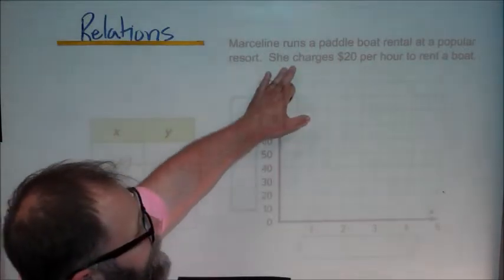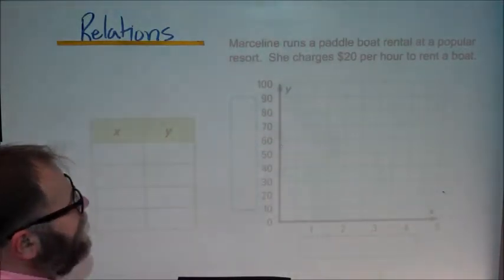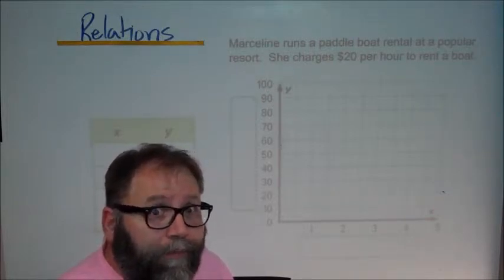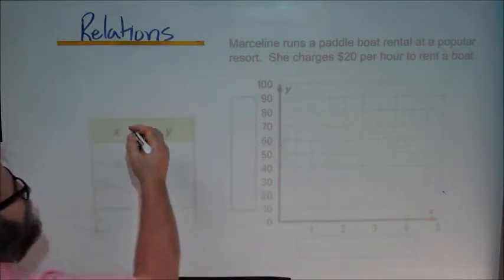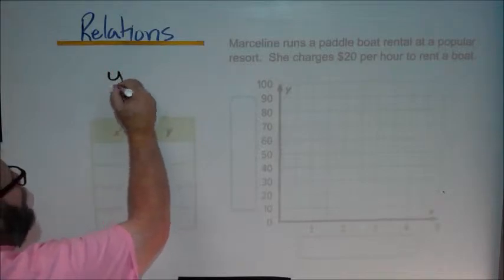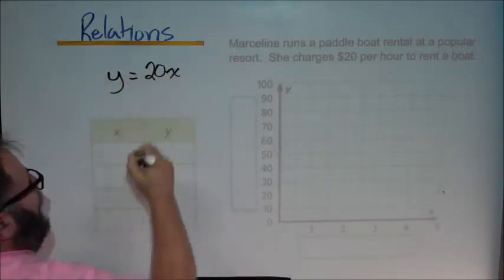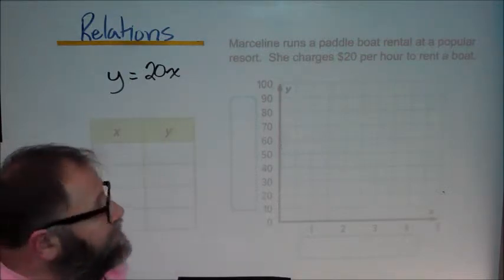If you rent the boat for 0 hours, how much does she charge you? Nothing. So that means our equation must be the total charge, y, is equal to $20 per hour for x.